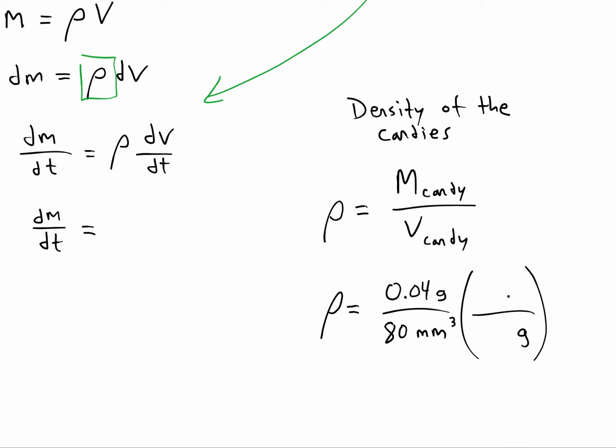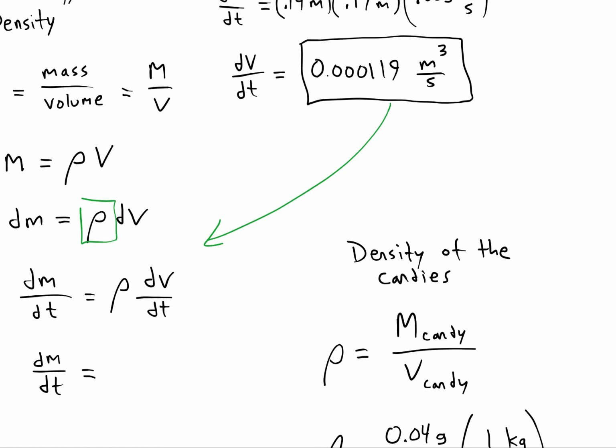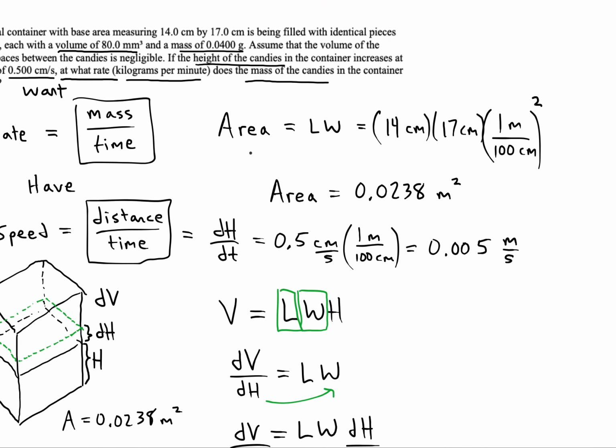So put grams on bottom, kilograms on top. The prefix kilo stands for 1,000, so we can put 1,000 down here and a 1 up there. That'll take care of the mass units. In fact, they even said they wanted it in kilograms, you know.